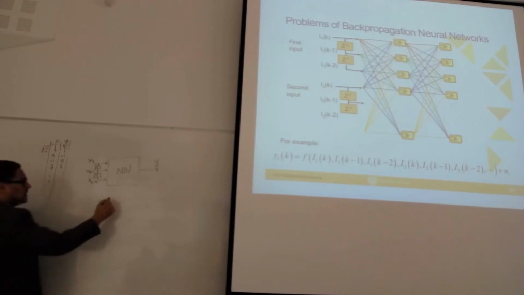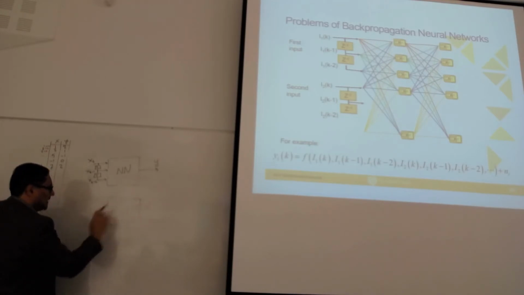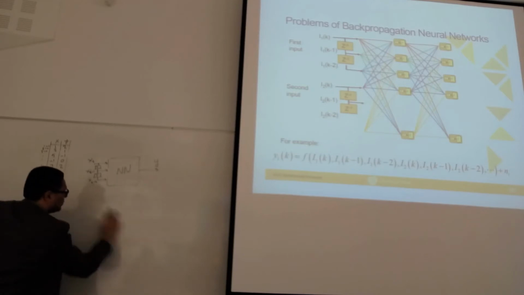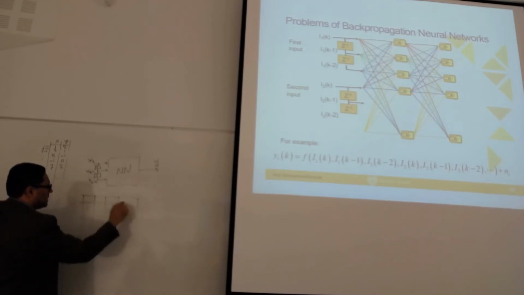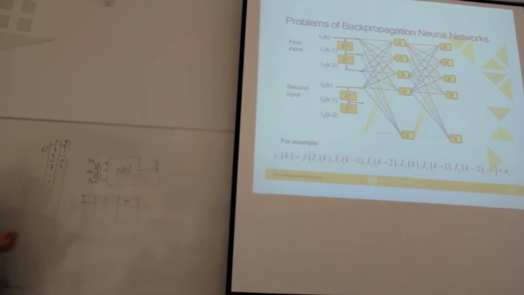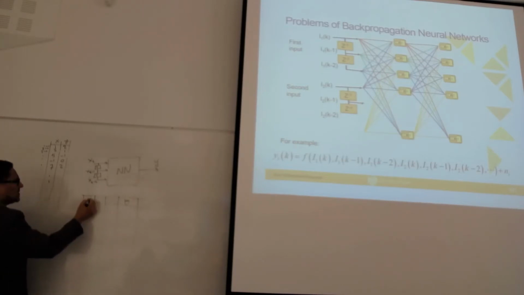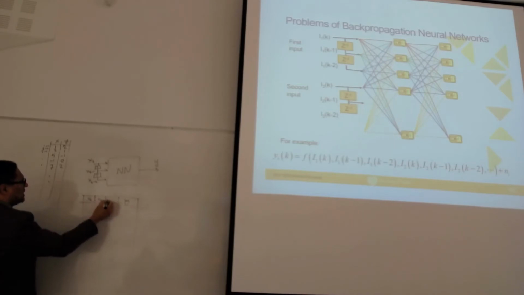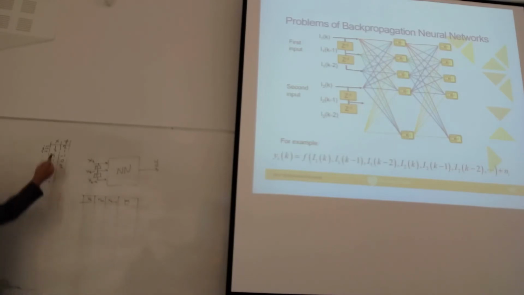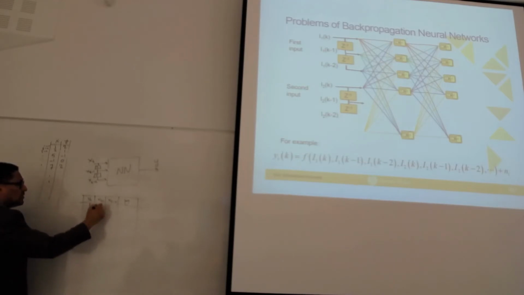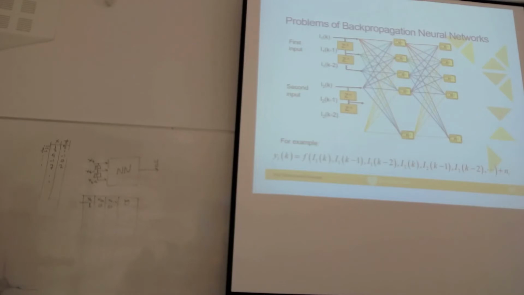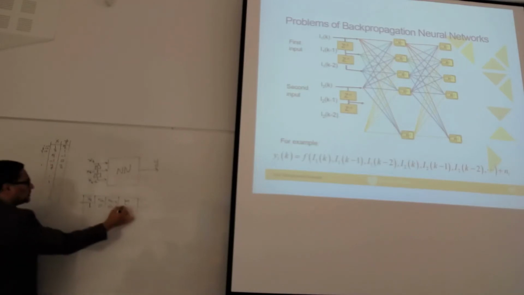I will put this in the learning table. Now my new neural network has 3 inputs: xt, xt minus 1, and xt minus 2. In the beginning, I have 1 for xt. For the others I put zeros because I don't have any inputs yet. Then the output will be 2.